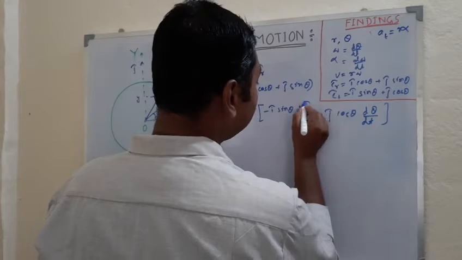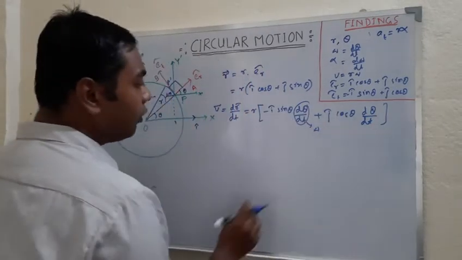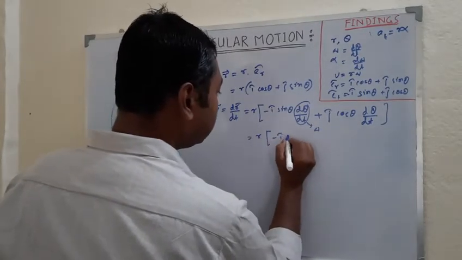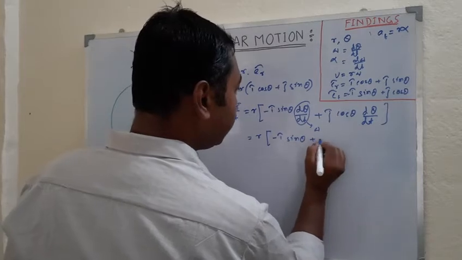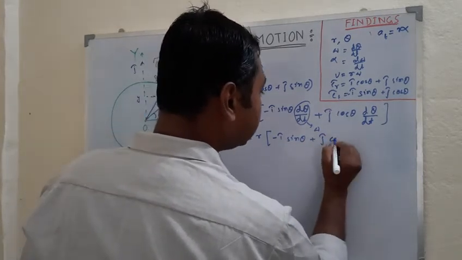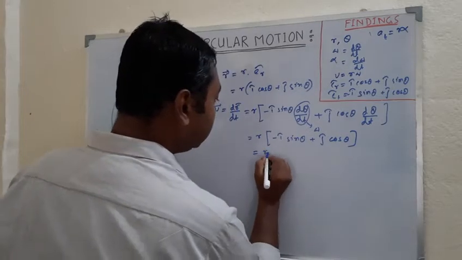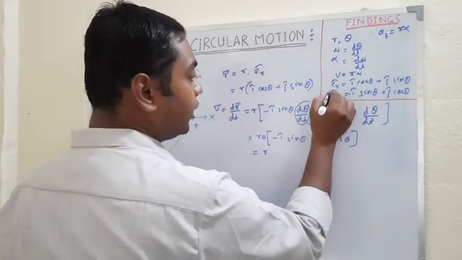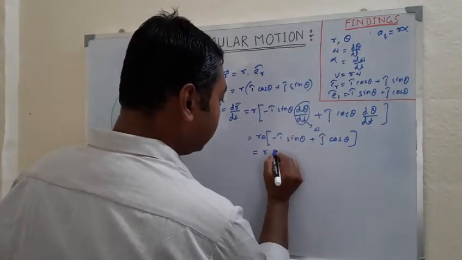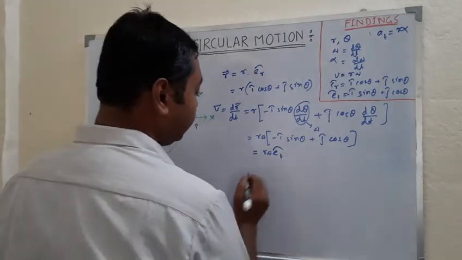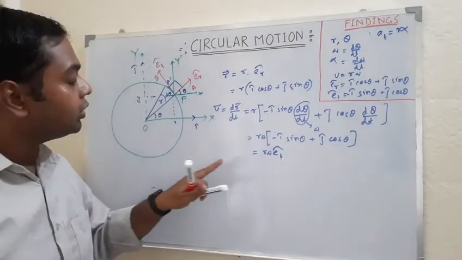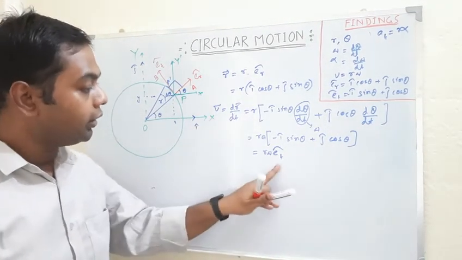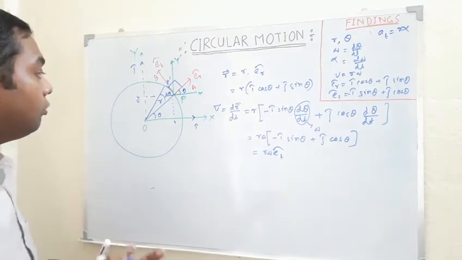We know that d theta by dt is the angular velocity and can be taken out as it is present in both terms. In the bracket we remain with minus i cap sin theta plus j cap cos theta, which is nothing but the tangential unit vector. So v equals r omega et cap. This r omega is the value of the speed, and et represents the direction of the velocity.